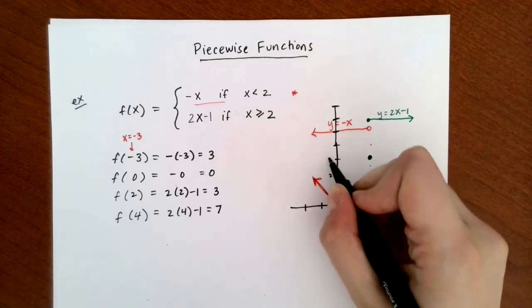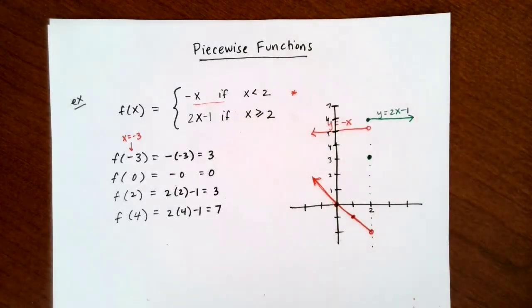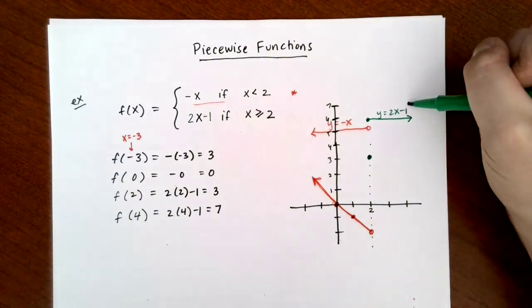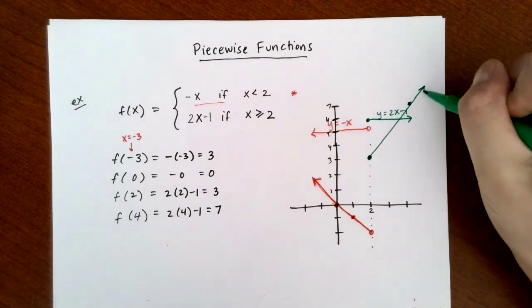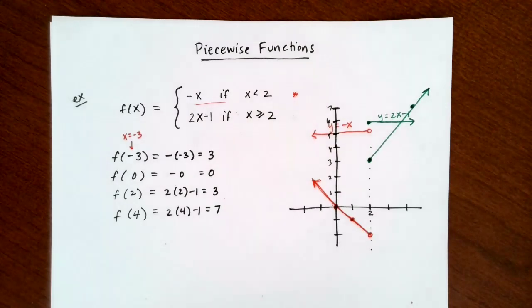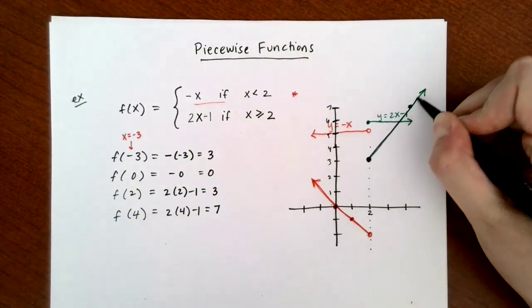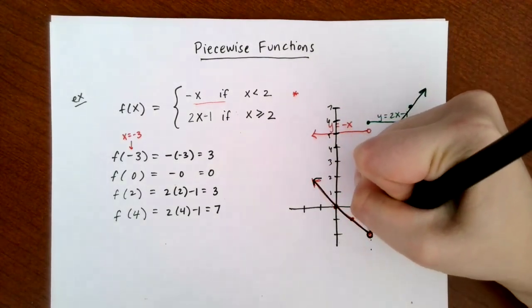All right, 1, 2, 3. So I can put (4, 7) way up here. And again, it's a straight line. I'll just go through my visual aid. So the actual graph of this piecewise function is all of this, and then all of this to the open point.